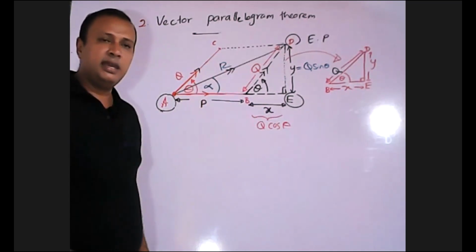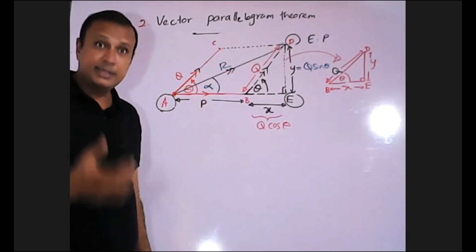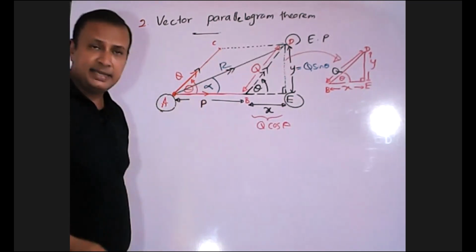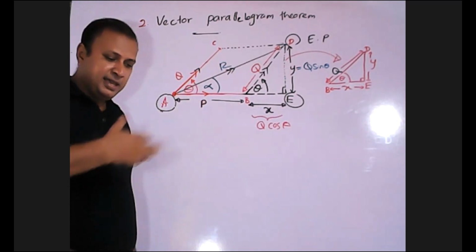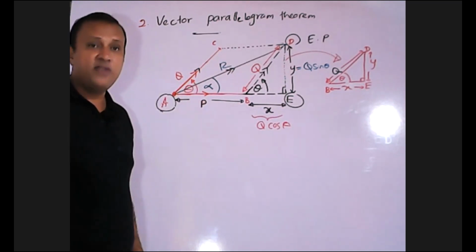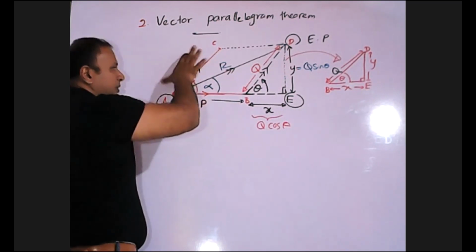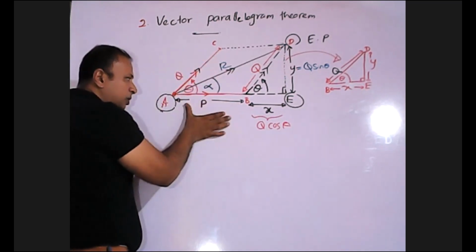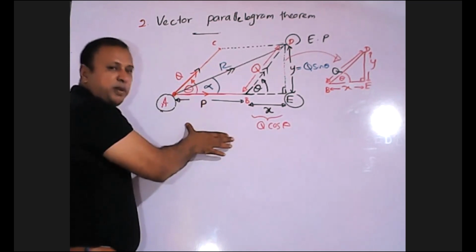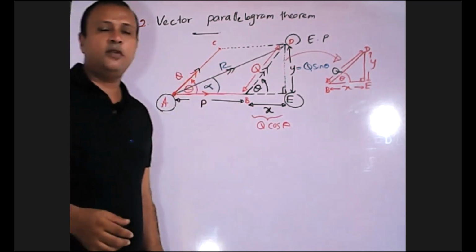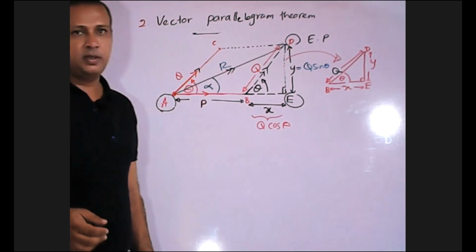Normally, we are taking this angle as the direction of the vector. Because we know the direction of P, with respect to P, I can give the direction of the resultant force.